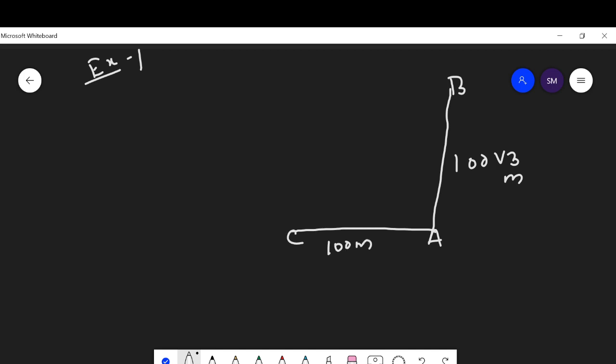AC is 100 meter, and the person is standing here and looking to the top of the tower, which is B, and this angle is theta. You have to find the angle of elevation, or the measure of theta.